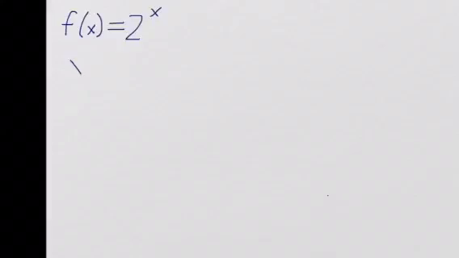So I do the usual: y equals 2 to the x, switch my x and y, and get x equals 2 to the y, and now I run into a problem. That y is in the exponent of the function, and I have no way of getting it out.